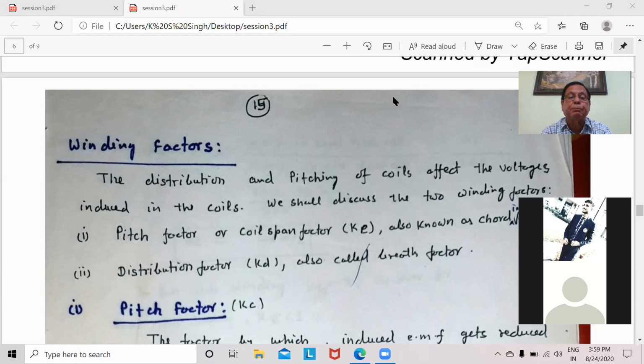The first factor is the pitch factor or coil span factor, also known as the chording factor. The second is the distribution factor, KD, also called the breadth factor. Now we come to what the pitch factor is.